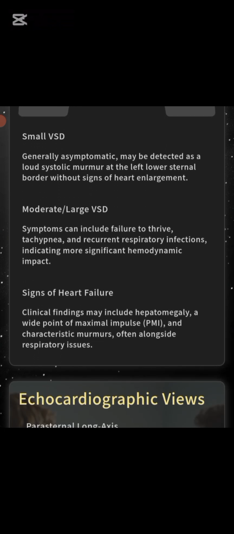Moderate or large VSD symptoms can include failure to thrive, dyspnea, and recurrent respiratory infection, indicating more significant hemodynamic impact. Signs of heart failure, clinical findings may include hepatomegaly, a wide point of maximal impulse, and a characteristic murmur after a long spell of respiratory issues.